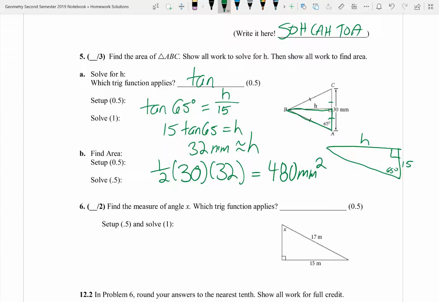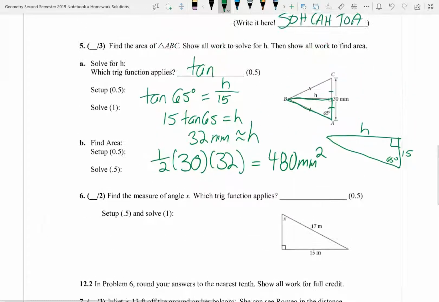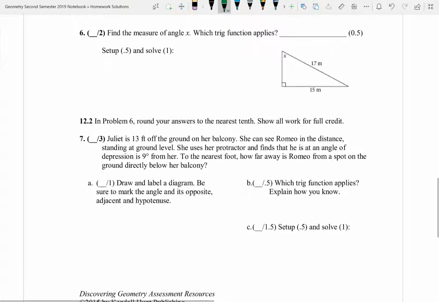All right. Next is find the measure of angle x. Which trig function applies? Well, in this case, it would be sine, because for x, you have the opposite leg and the hypotenuse. So sin x equals 15 over 17.